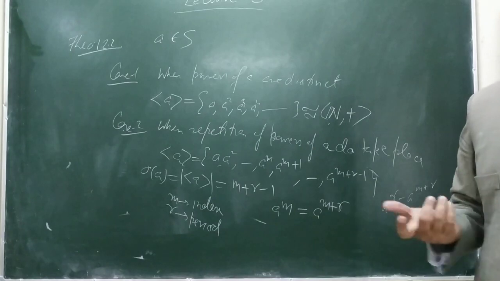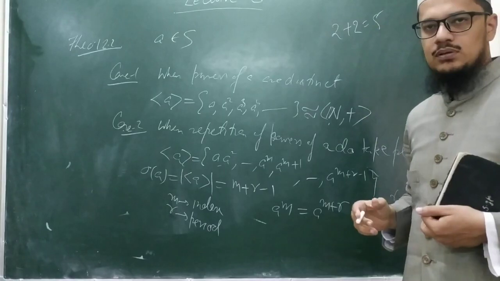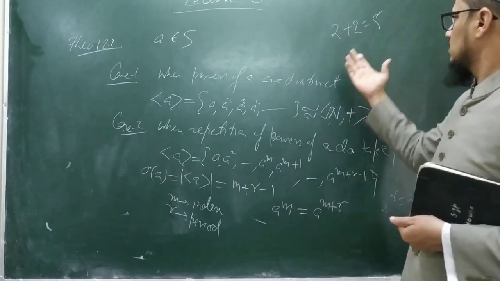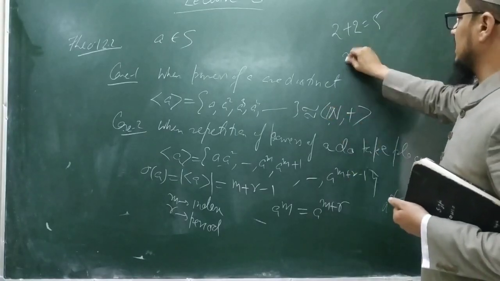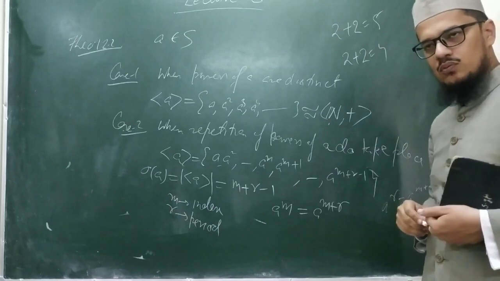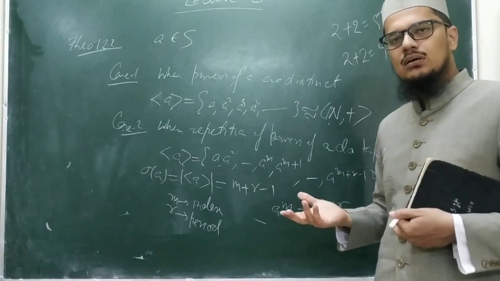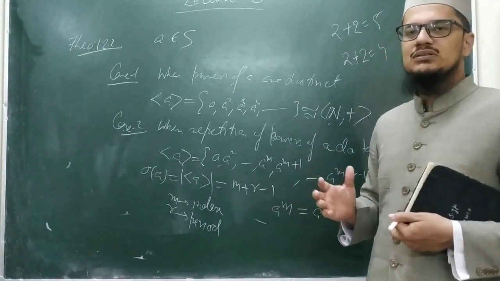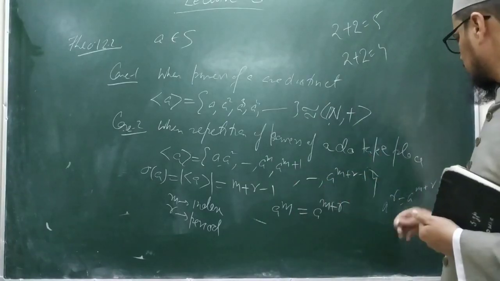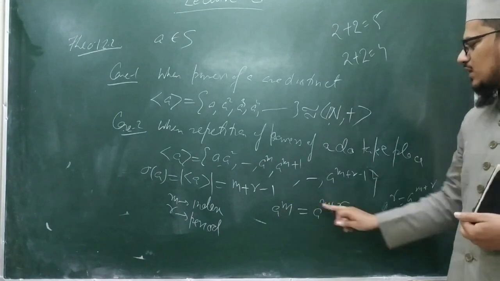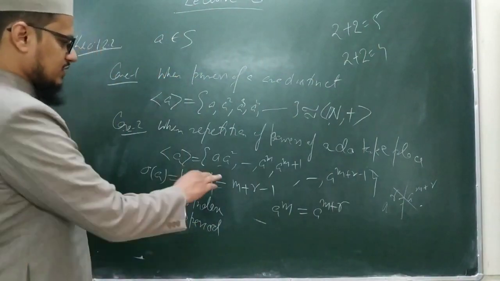If by human error I write 2 plus 2 is equal to 5, nobody will copy this, because we have mathematical sense; we will correct it to 2 plus 2 is equal to 4. If mistakes are made by the teacher, the student must correct them and also bring them to the notice of the teacher, so that he can do it the correct way.